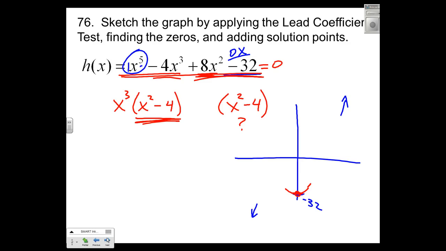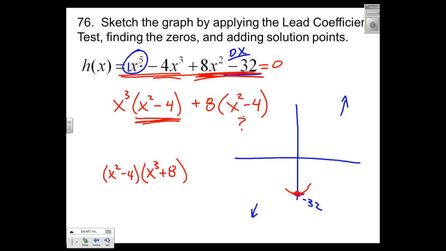So can I get x squared minus 4 out of this? Yes, if I factor out an 8. But that, I think, gives me some guidance what I'm looking for taking out. Okay, I've seen some people get confused with this before and wonder, how does this magically become x squared minus 4 times x cubed plus 8?